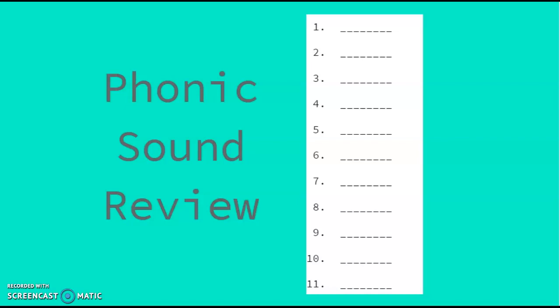Another long vowel. O. Number 8, I. Right. Another long vowel. I. A, O, and I from 6, 7, and 8 are long vowels that say their own name. When they say their name, you put a straight line above that letter.